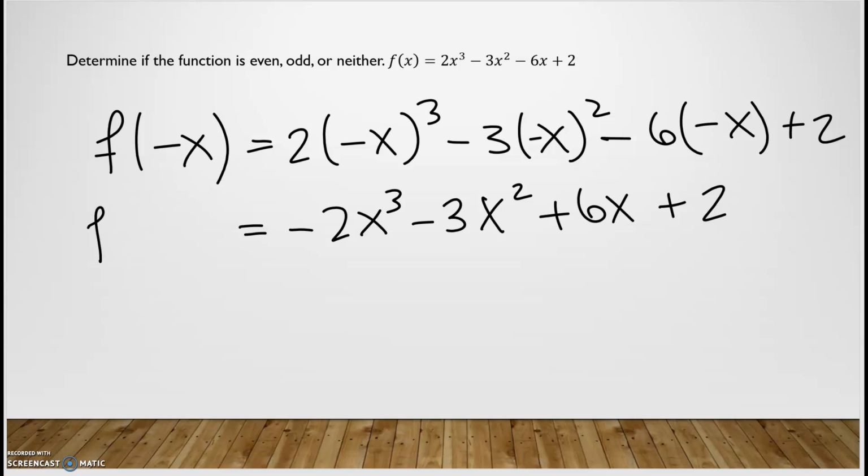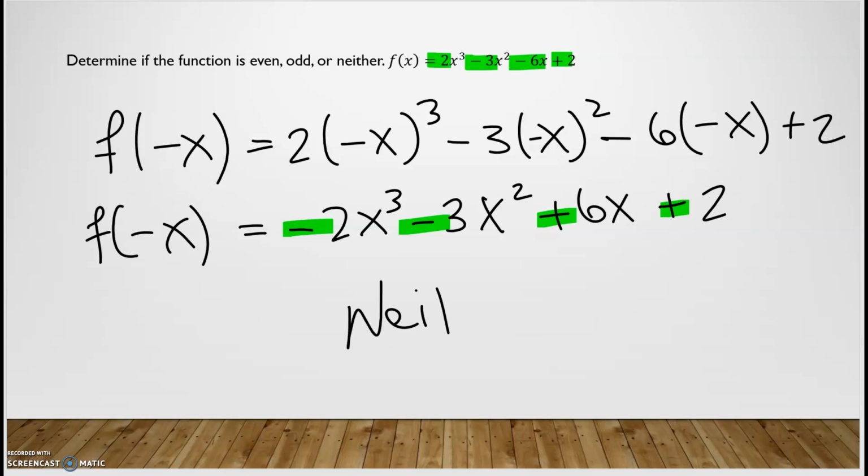Okay, so then let's compare these two. Positive, negative, negative, negative, negative, positive, positive, positive. Not all the signs changed, but some of them did. So we can't say that it was exactly the same, so we can't say it's even. And since all the signs didn't change to the opposite sign, we had some that were the same, some that were different, we can't say it's odd either. So this one would be neither.